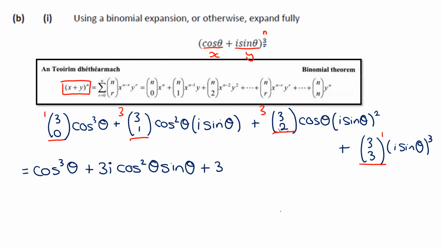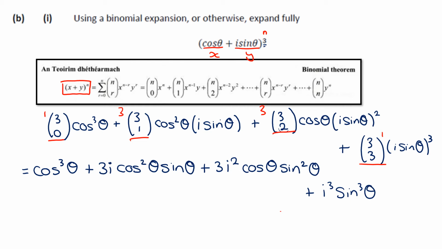Now, when I square i, I end up with, well, let's put it in as an i squared for the minute, but I'll be changing that to a minus 1. I then have cos theta sine squared theta plus 1, which I don't need to put in, i cubed sine cubed theta.